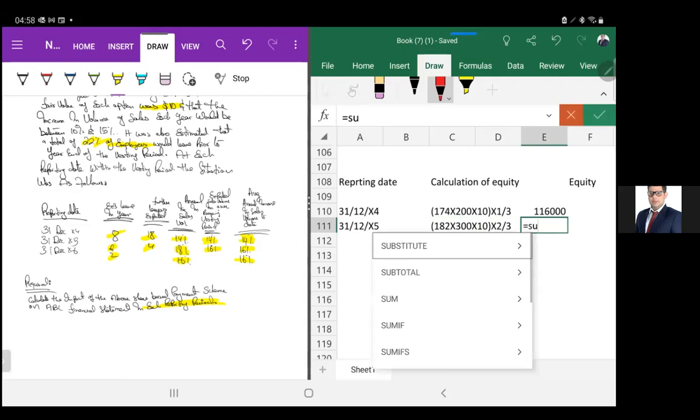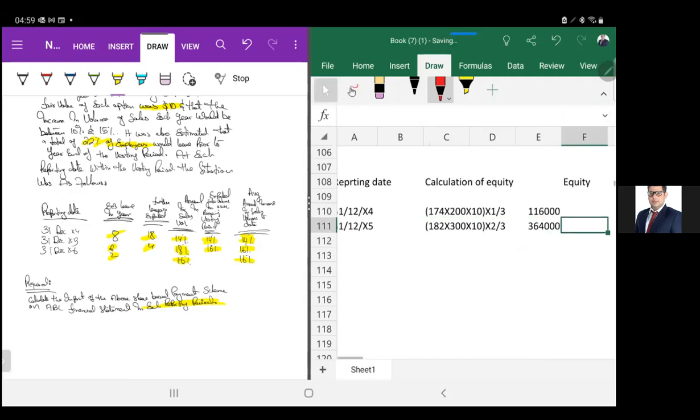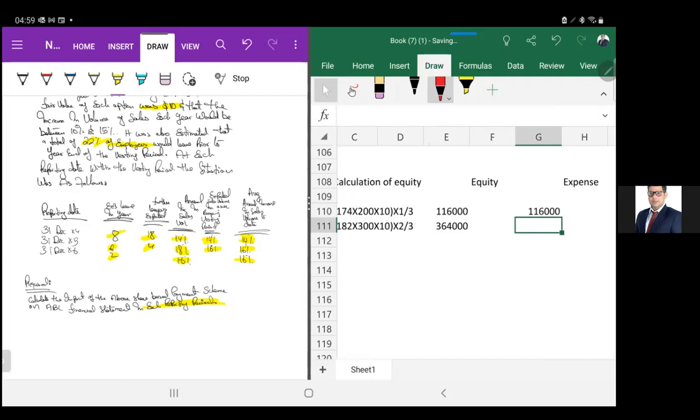It is equal to 182 multiplied by 300 multiplied by 10 is the fair value, into 2 divided by 3, 364, right? So 364 is equal to 364 minus 116. 248,000 is the expense for the year 2.